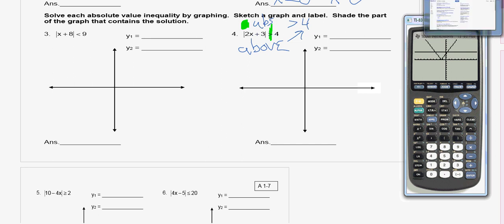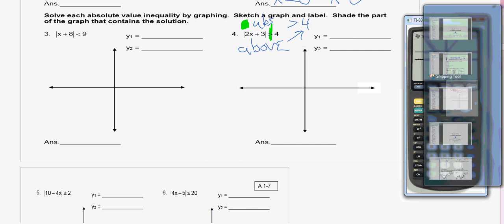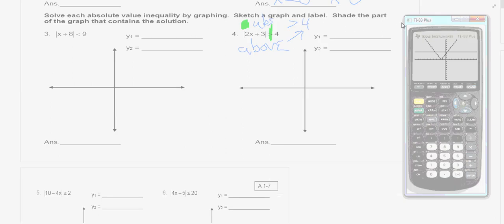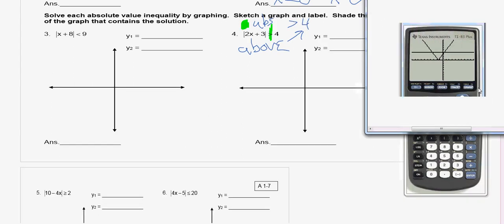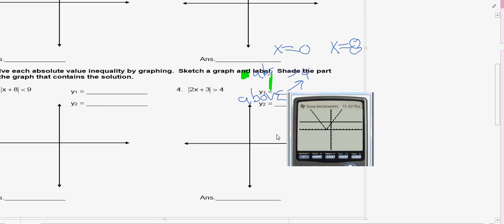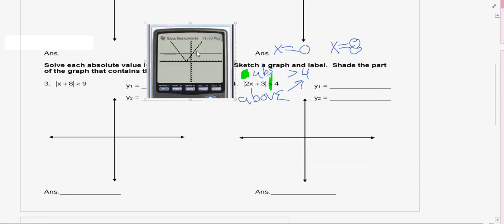So let me see if I can screen capture this for us. Maybe we can draw on the calculator screen here. Okay. There we go. Okay, so let's move the calculator over here.